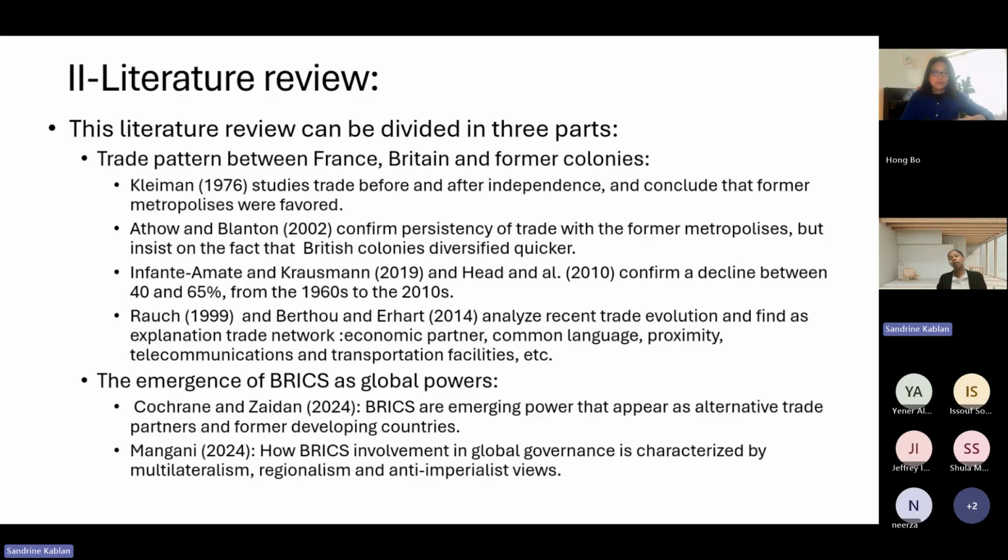And this last view, anti-imperialist view, is very important for these countries because it's the way for them to be very attractive to other developing countries and to build new types of economic ties with these developing countries.